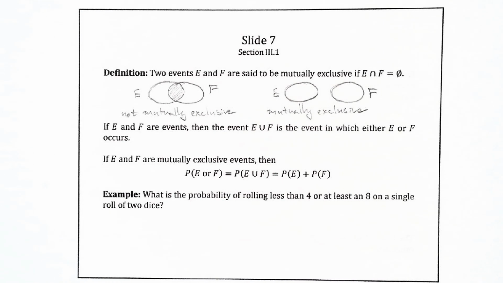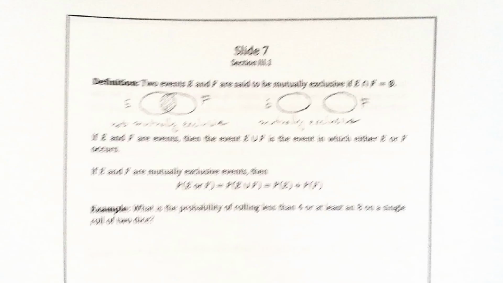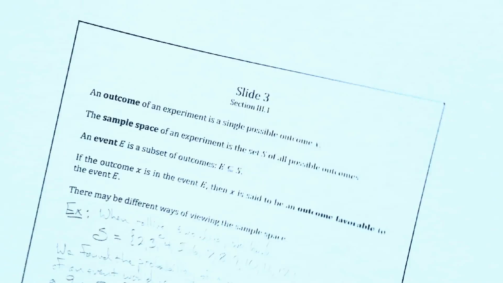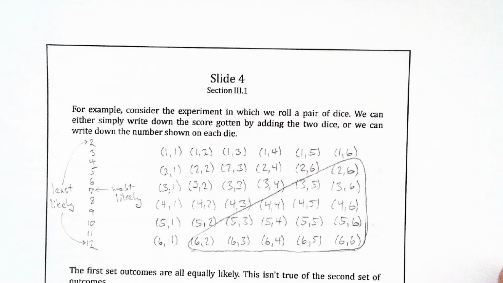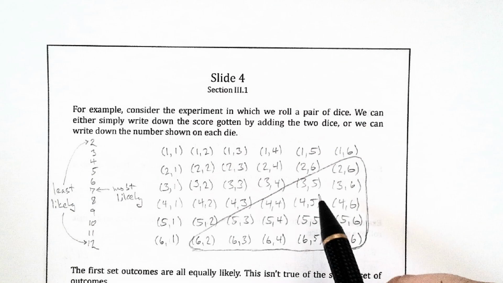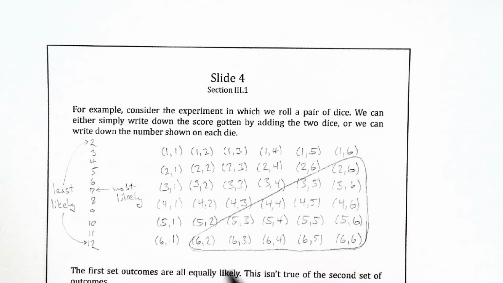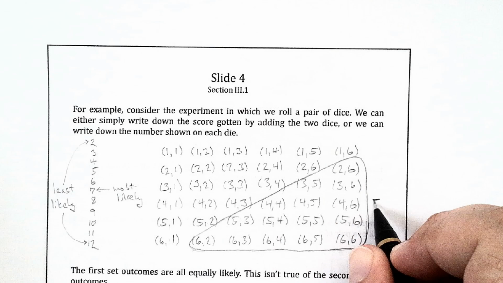So for example, what's the probability of rolling less than 4, or at least an 8 on a single roll of 2 dice? Let's look back at that chart that we had. We can think of this as a Venn diagram. We already had this set here, getting at least an 8. Maybe that's F, we'll say.